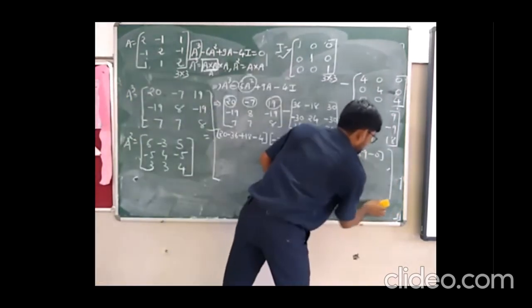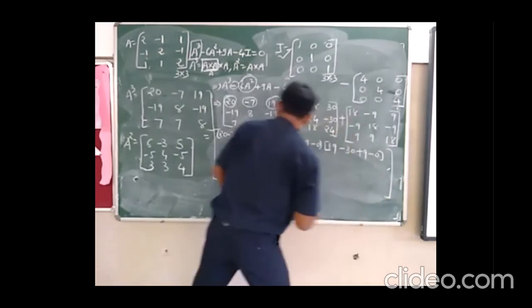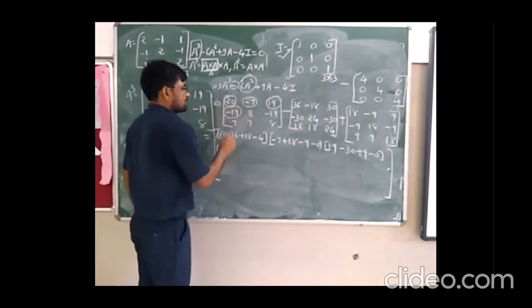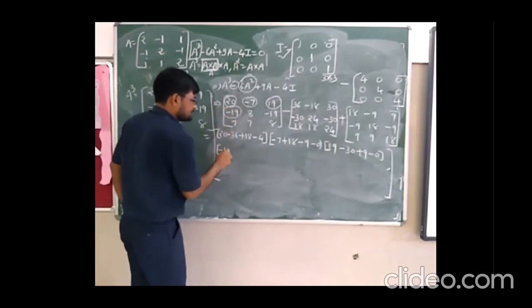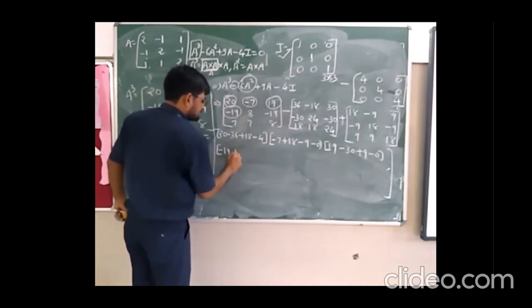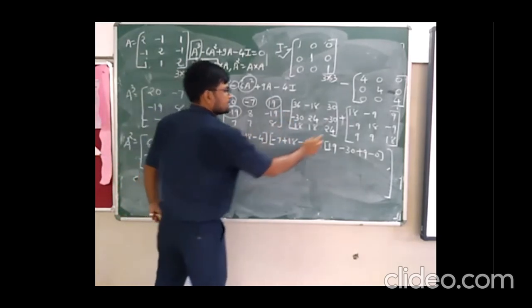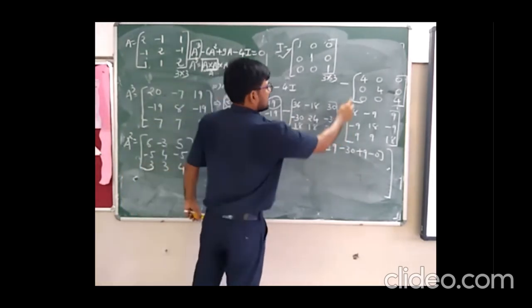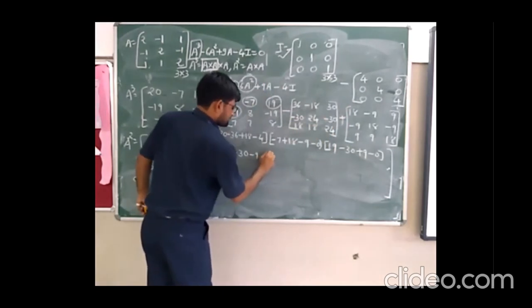Again we'll do it for the second and third row. Okay, so we'll write here now. First element of the second row is what? Minus 19. So minus 19, again minus plus 30, plus minus 9 and minus 0.